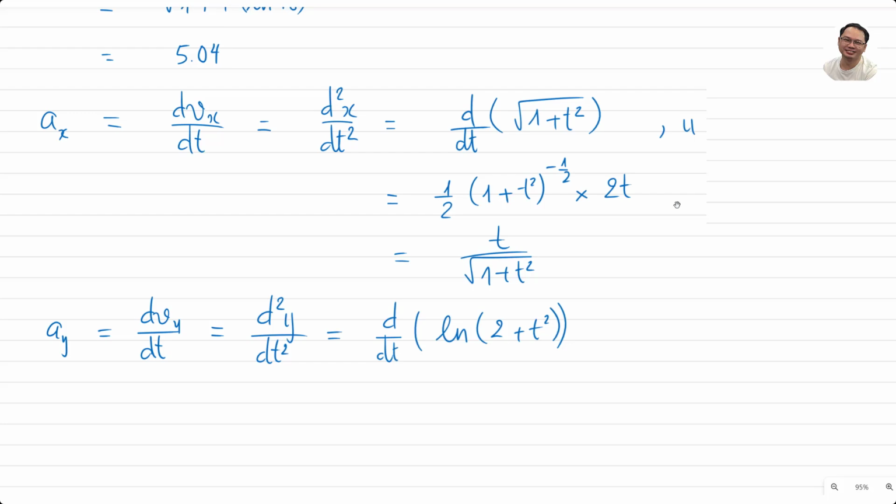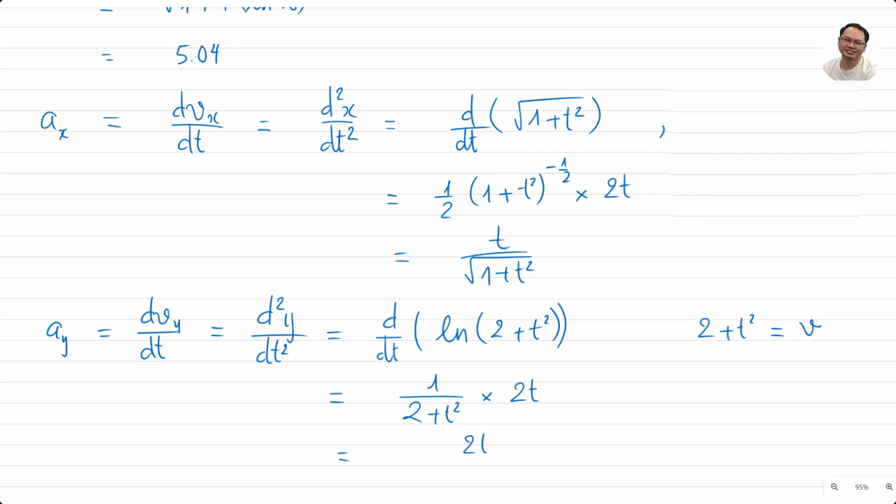Consider the whole thing inside a bracket: 2 plus t squared is a function v. So differentiation of a ln function, ln v, over dv will be 1 over that function v, which means 1 over 2 plus t squared, and then we multiply with v's differentiation, which means multiply with 2t, and finally simplify it. We have 2t over 2 plus t squared.